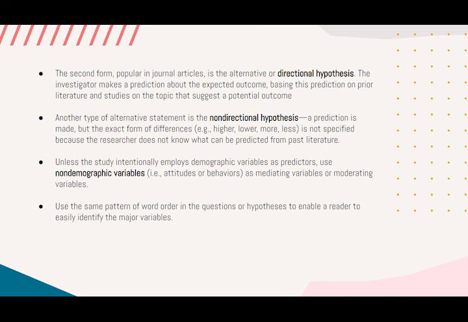For example, the researcher may predict that scores will be higher for group A than for group B on the dependent variable, or that group A will change more than group B on the outcome. These examples illustrate a directional hypothesis because an expected prediction is made.